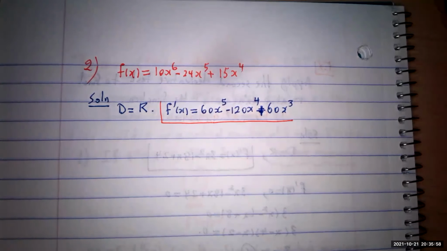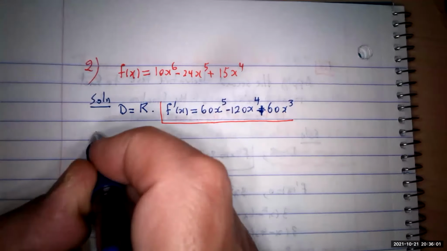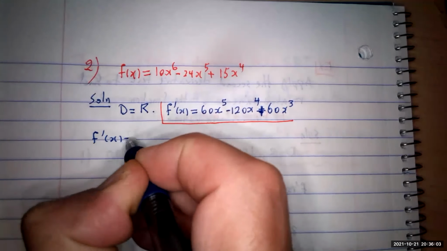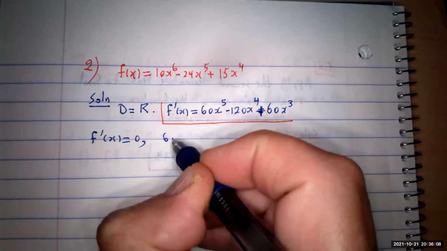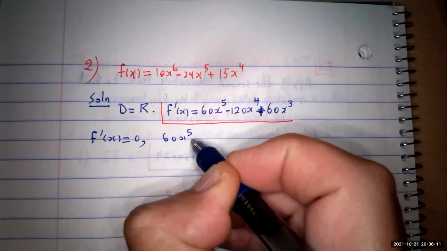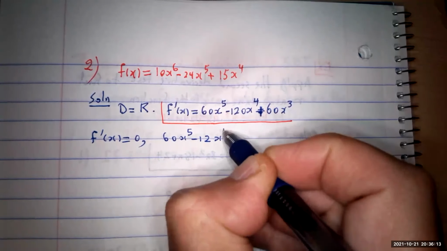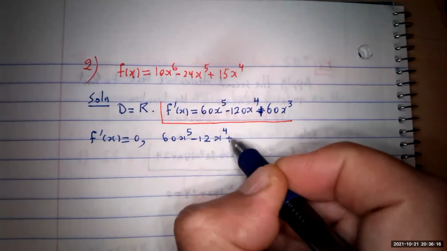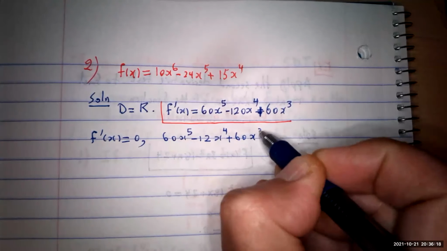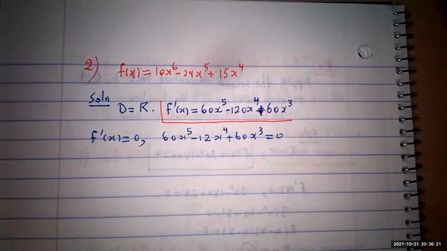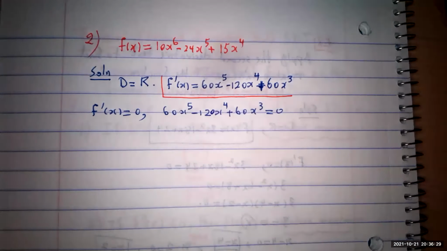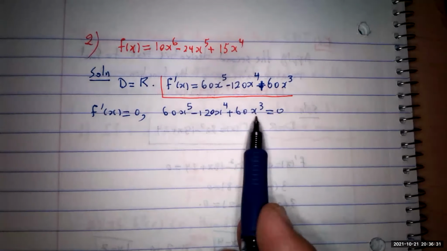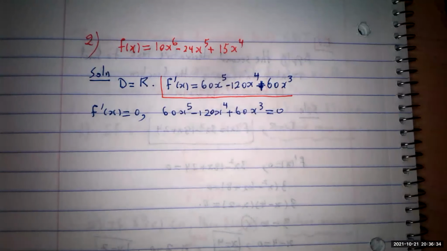You let it equal 0 to find the critical values, f prime of x equals 0. So the equation that we have to solve is 60x to the 5th minus 120x to the 4th plus 60x cubed equals 0. You look for the common factors. The common factor for the x would be x cubed, and for the number would be 60.